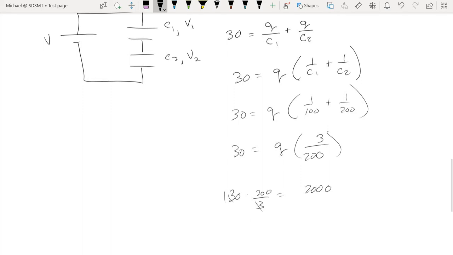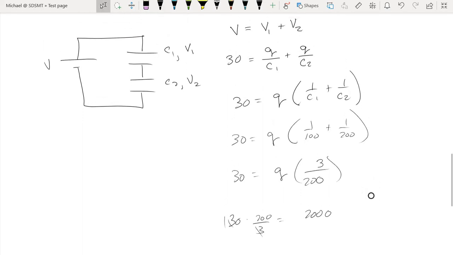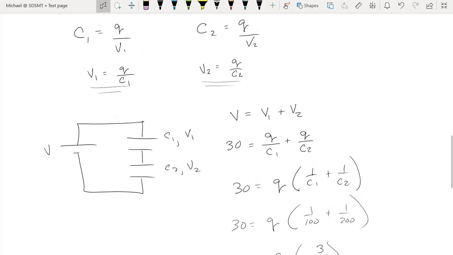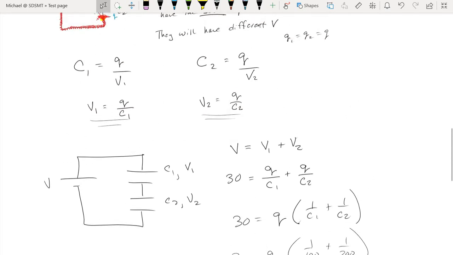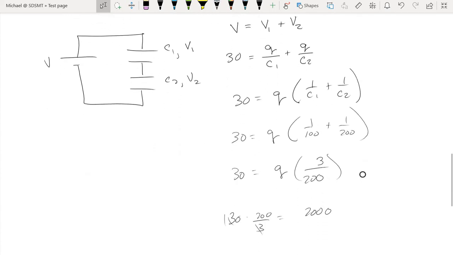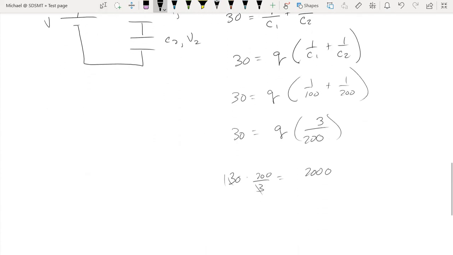And the units, remember that the units for our capacitors are in microfarads. We've got regular volts for our potential, and so we're going to end up with microcoulombs for the charge.